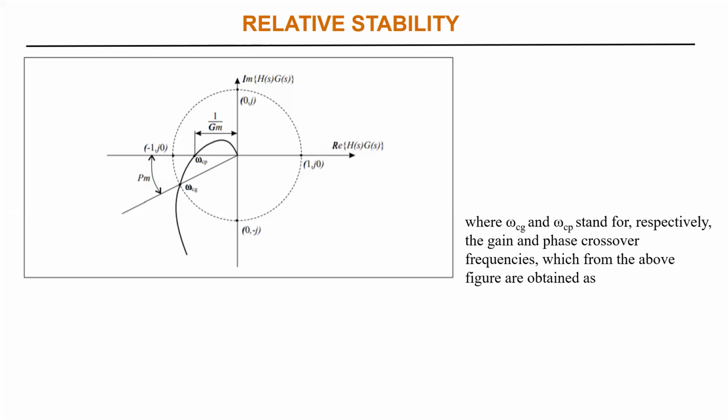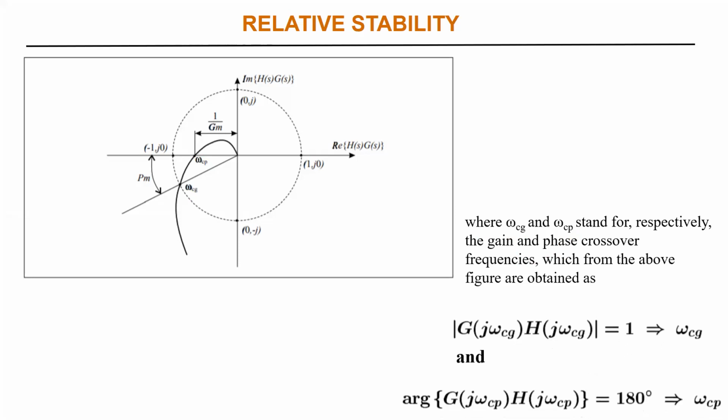And omega CP is the phase crossover frequency, the frequency where the phase is equal to 180 degrees. You just find them. Set the magnitude equal to 1 to find the gain crossover frequency, and set the phase equal to 180 to find the phase crossover frequency.